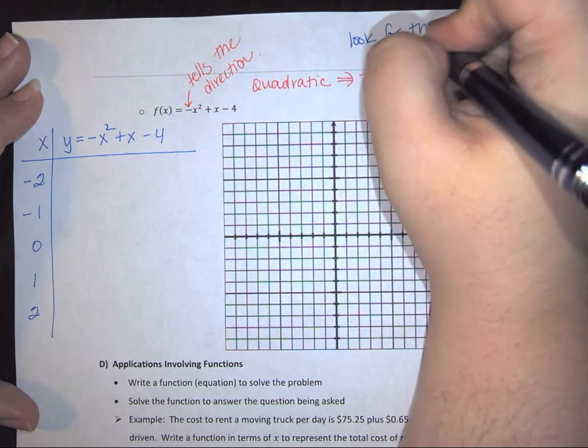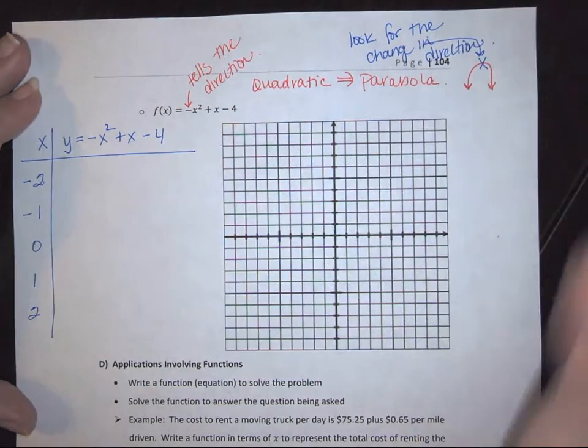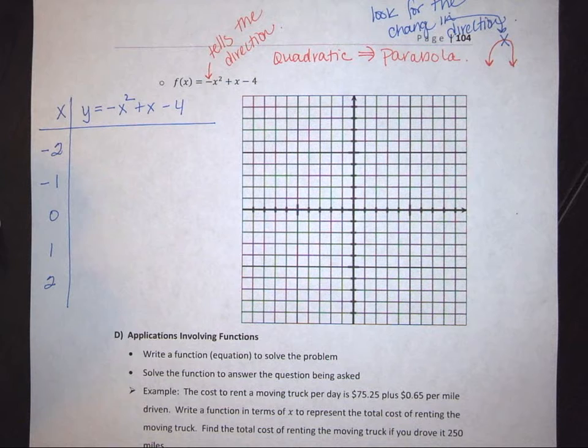Meaning when you're setting up your data table, you're looking for where your points continually go in a decreasing line and then all of a sudden start increasing, or vice versa, that they start out by increasing and then all of a sudden they change and start coming back down. So that is what you're looking for, and as soon as you find that, you have enough points to be able to graph your parabola.